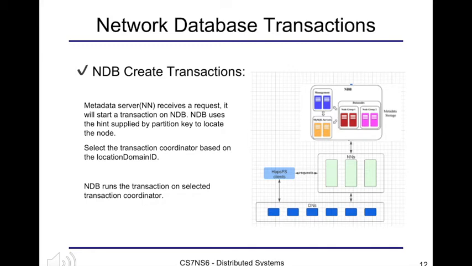The nodes retained based on the hints are ordered with primary replica first, followed by backup replicas. Then we determine which of those nodes should be selected as transaction coordinator for that transaction based on the location domain ID. After selecting the best transaction coordinator, NDB runs the transaction on the selected transaction coordinator.